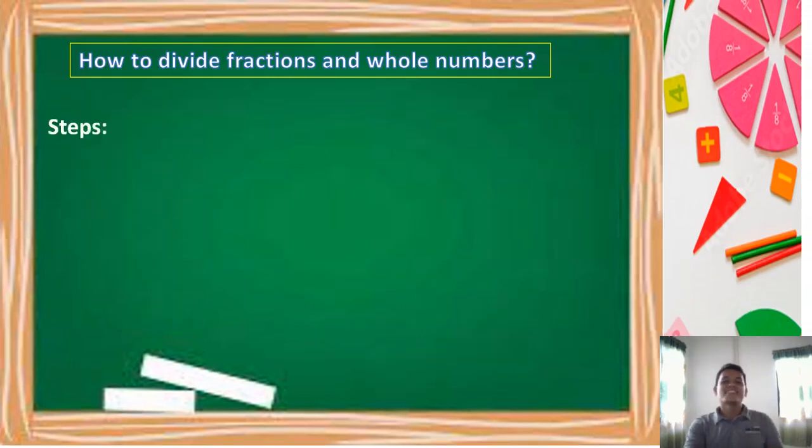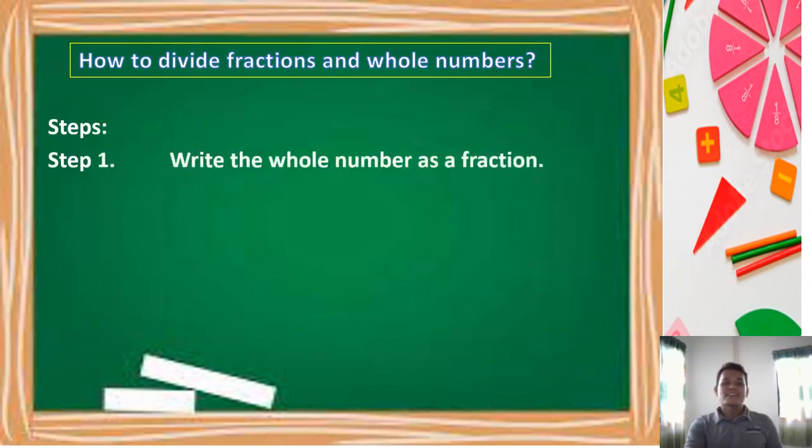Alright guys, these are the steps. Take note of this. Step 1, write the whole number as a fraction. How? Use 1 as the denominator. Step 2, invert the divisor, or find the reciprocal. For example, the reciprocal of 2/3 is 3/2.